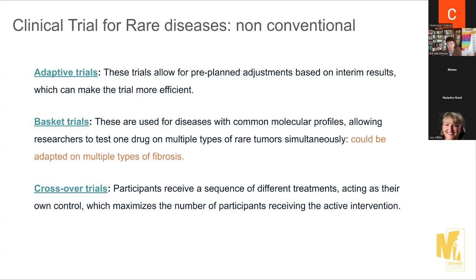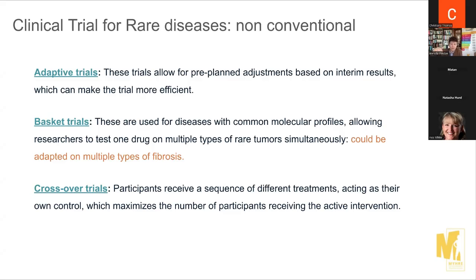But sometimes in rare disease, you want to adjust and you want to modify. So you can do that. You're allowed to do that if you have planned that maybe you are going to change things according to the results that you have after 6 months, a year, or a few months. You can look at the results and say, okay, this is not working at that dosage. I'm going to change the dosage. This is not working, just one treatment.